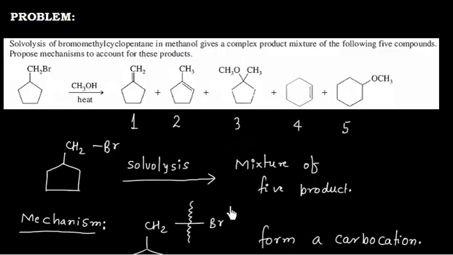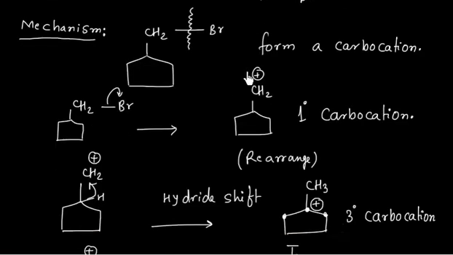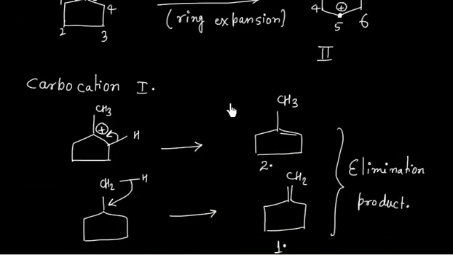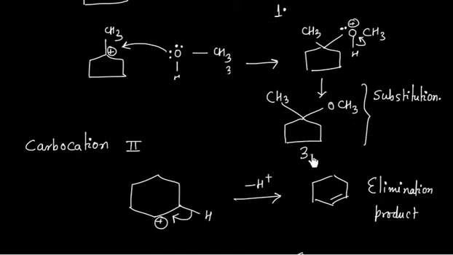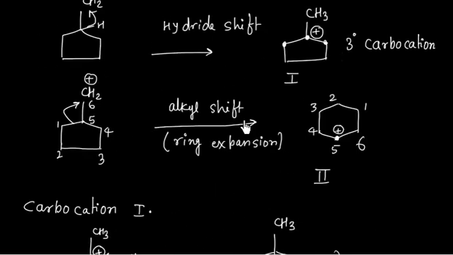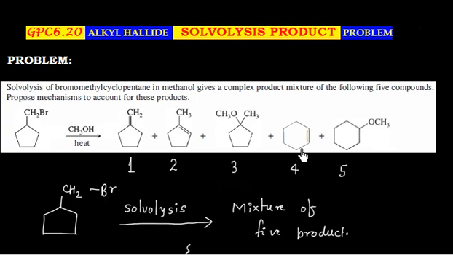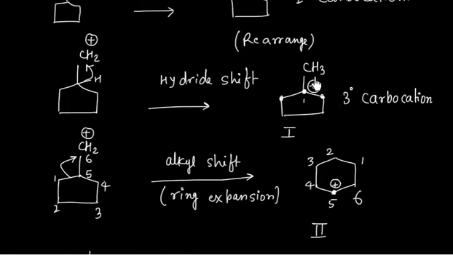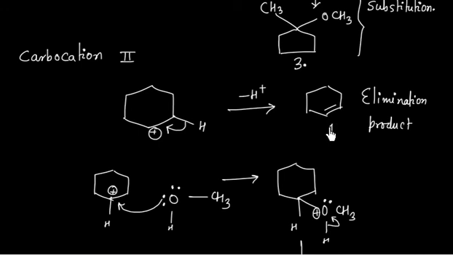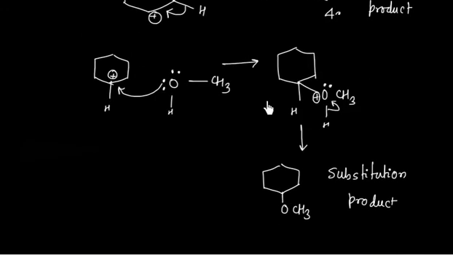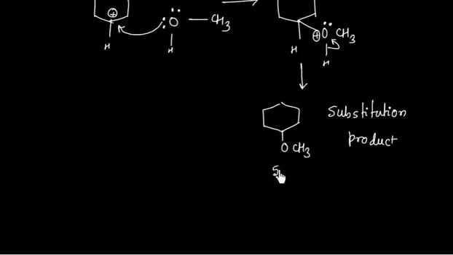Then we have OCH3 and CH3, that is product number 3. And 4 is an alkene, and 5 is a substitution product.